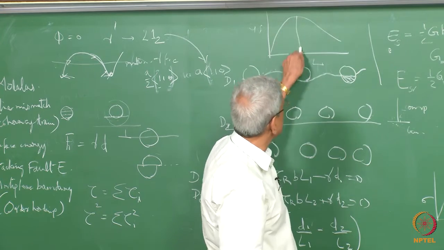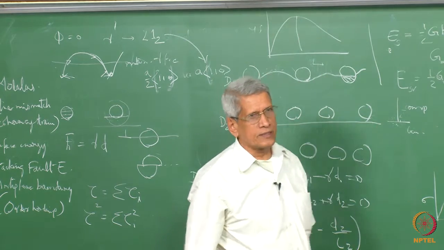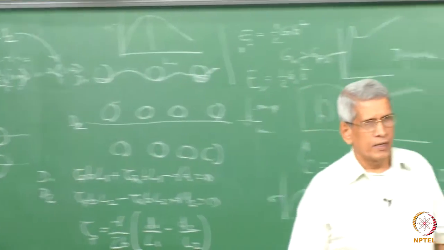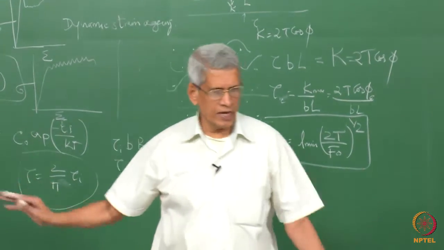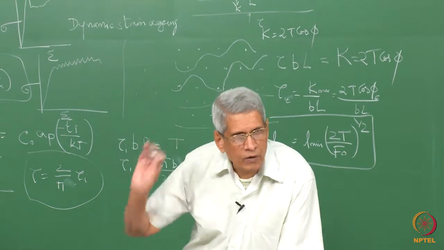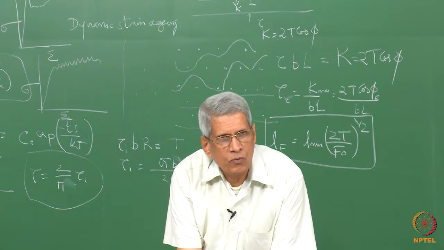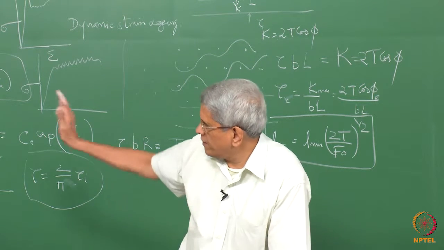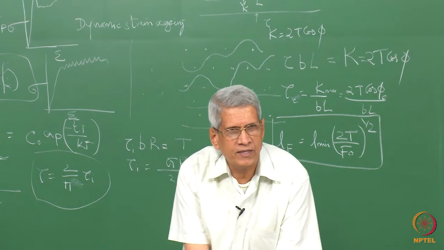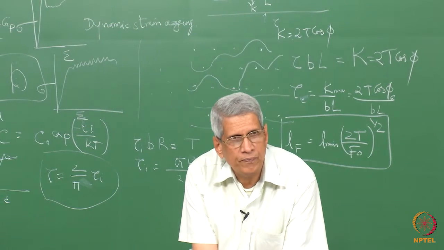A maximum hardening region is reached and then it starts decreasing. I don't want to go into these aspects because I am confining myself here only to defect interaction. This is the sort of interaction and the stresses which it will introduce.